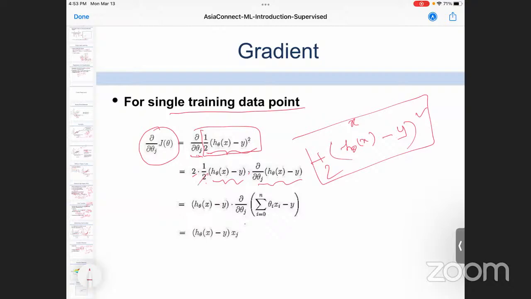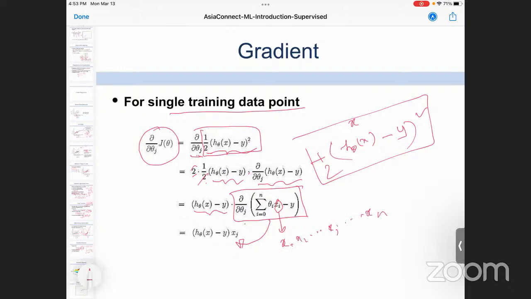And here the 2, you can just cut it: h theta x minus y. And from this term, what will remain intact? Only xj. So this is from x1, x2, xj, xn.